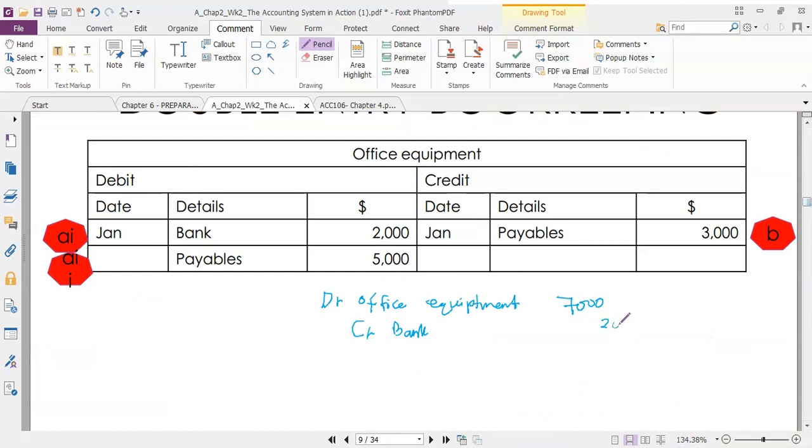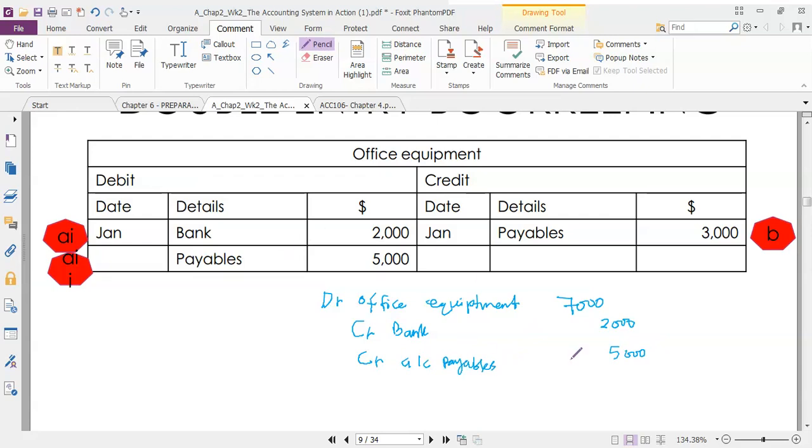So actually another 5,000, we put as credit account payable. Okay, account payable.